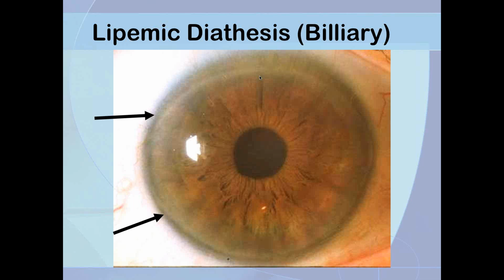And it's actually not in the iris itself. It's in the cornea that covers the iris, and it's an intrusion of little fatty particles that come up into that and kind of start to obscure the iris fibers. So this sign is actually sitting above the level of the iris.